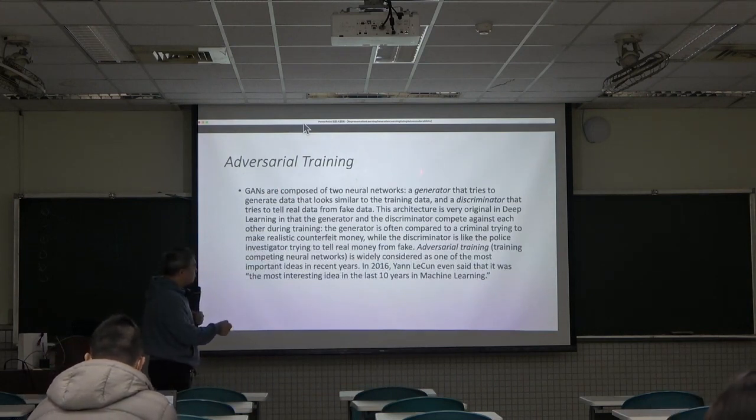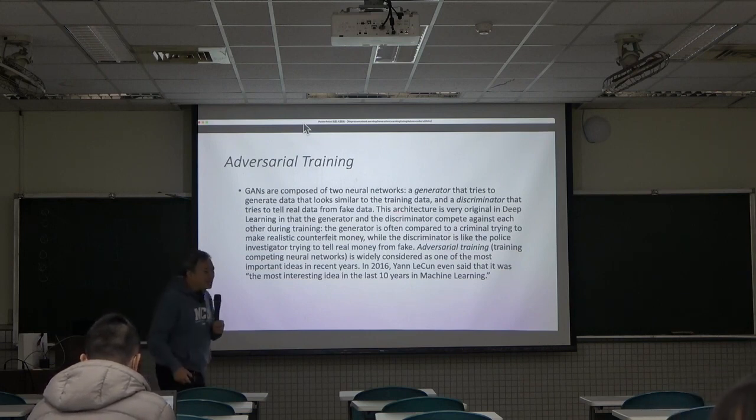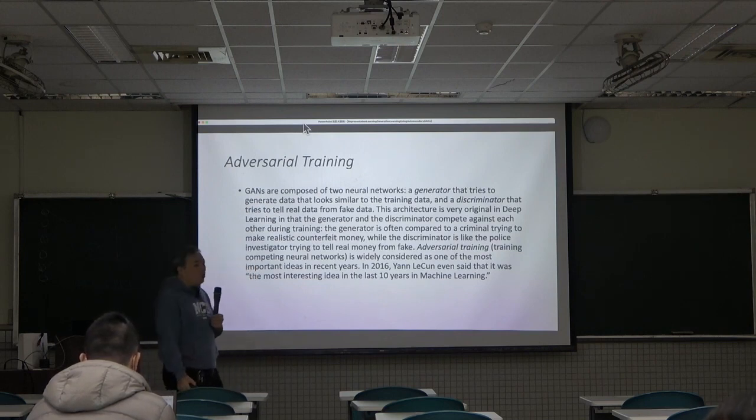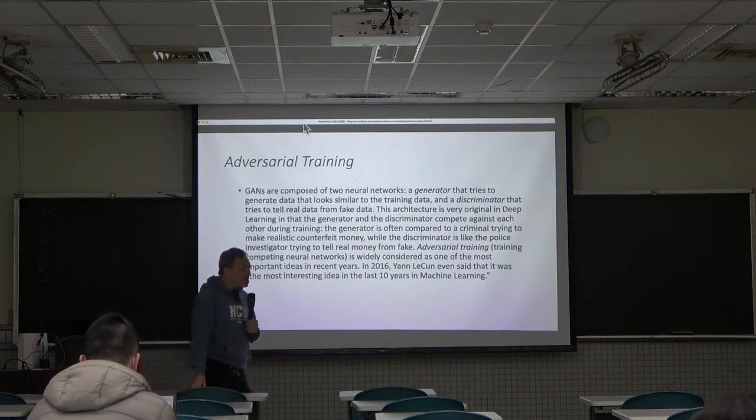The first one is called the generator. The second one is called the discriminator. The generator tries to generate fake stuff, and the discriminator tries to identify if the input is real or fake.